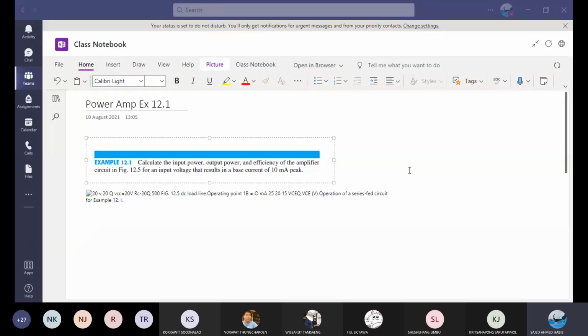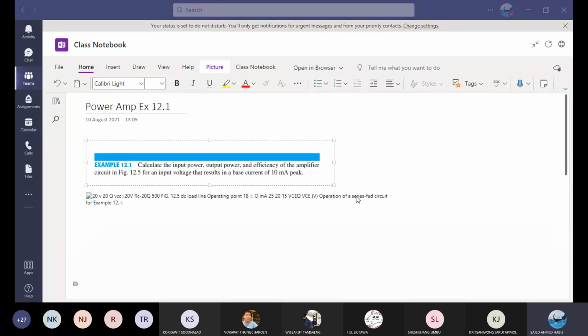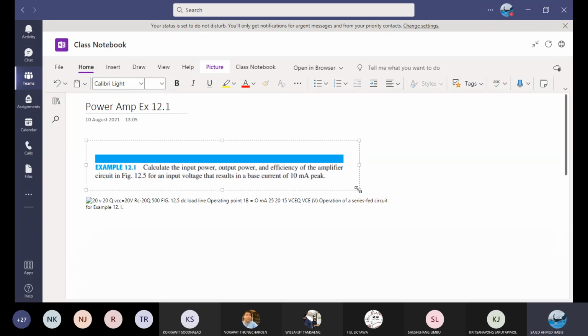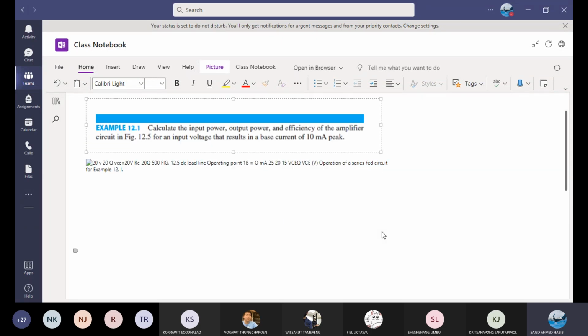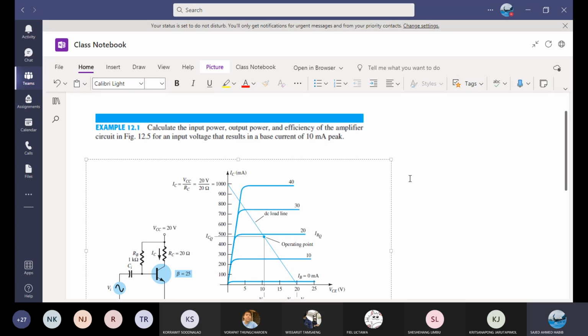So this is an example in the textbook. Do you see my screen? Calculate the input power, output power, and efficiency of the amplifier circuit in the figure, and the figure has just loaded. Look at what it says: for an input voltage that results in a base current of 10 milliampere peak.